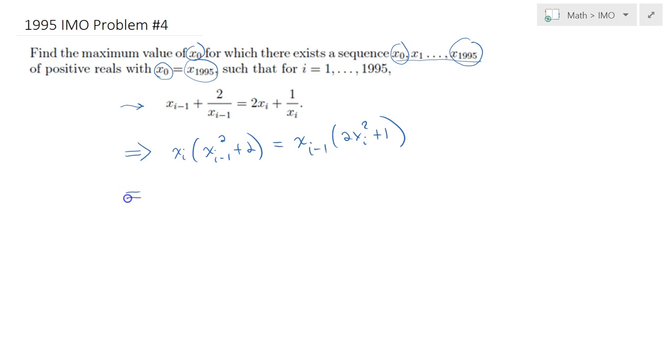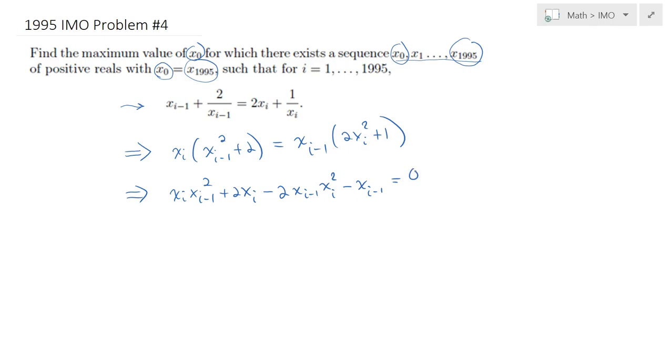Expanding and moving everything to the left hand side, we would get x sub i minus 1 squared plus 2x sub i minus 2x sub i minus 1 x sub i squared minus x sub i minus 1 is equal to 0.